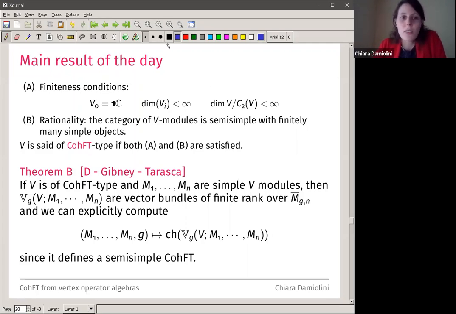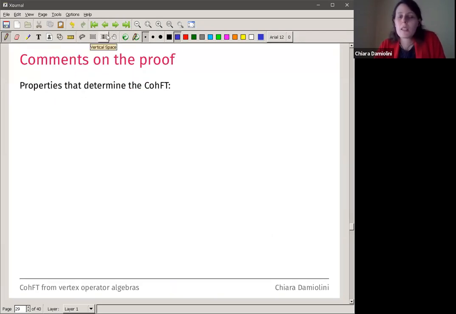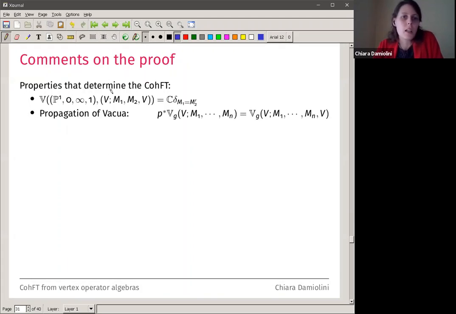So I know I do not have that much time, but let me add a couple of comments on the proof and say what the properties are that we actually need to show that determine the CohFT. The first two properties are standard, I would say.